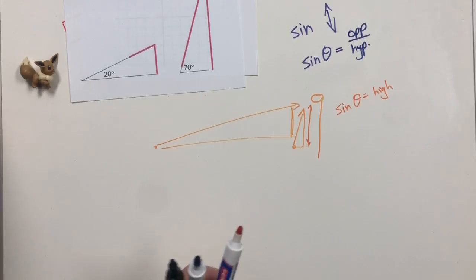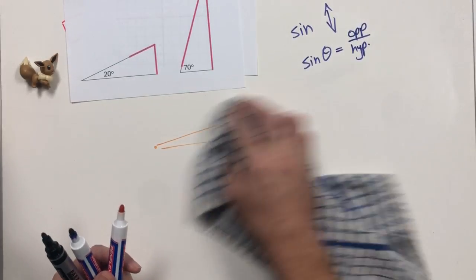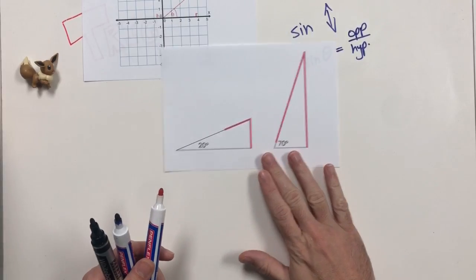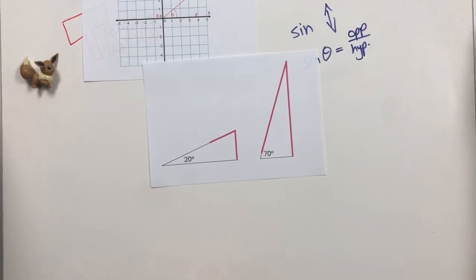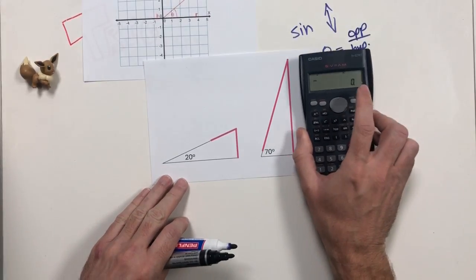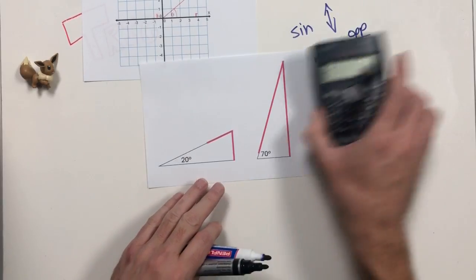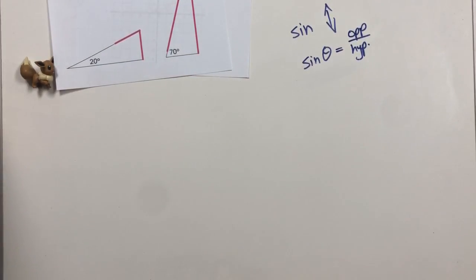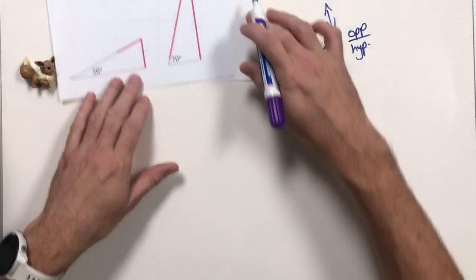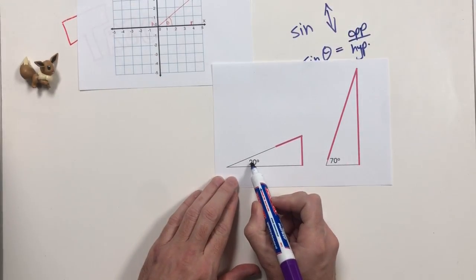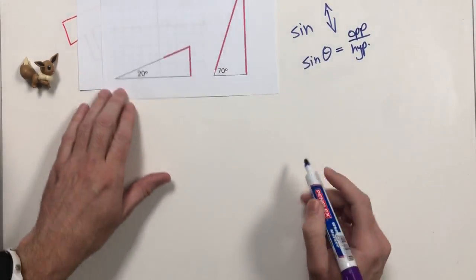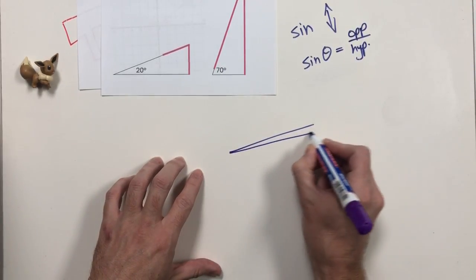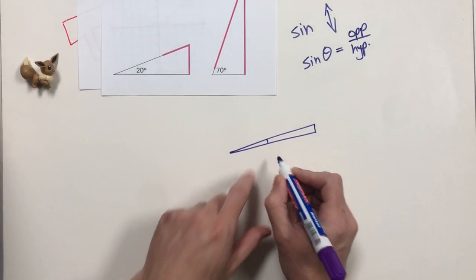So let's just use the calculator and use two extreme examples to show you. Let's go really extreme. If I were to make this angle smaller and smaller and smaller, let's say this is a really small angle, this is 1 degree.